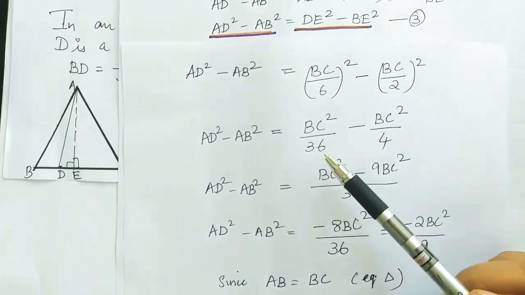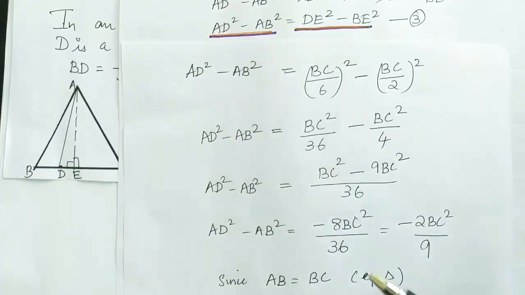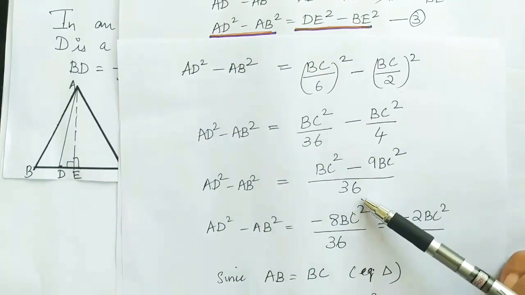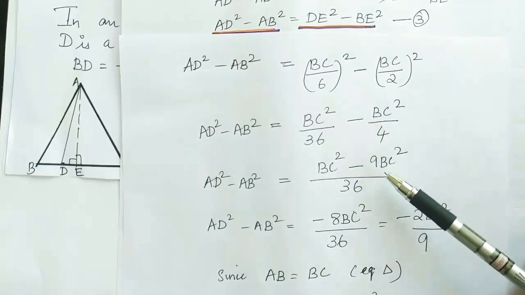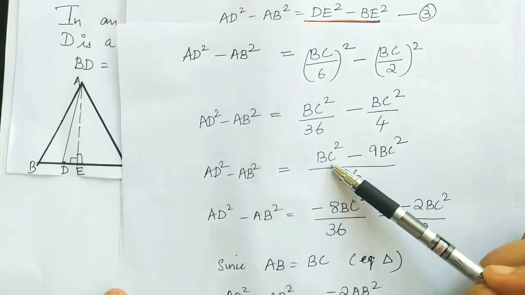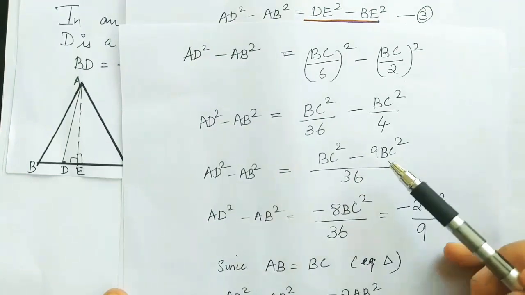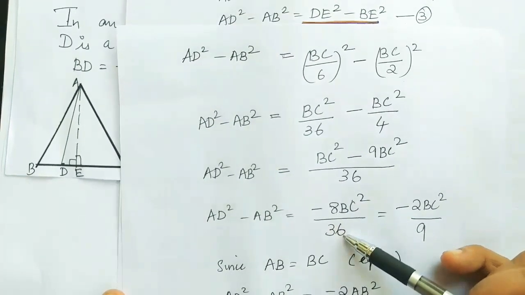Since 4 is a factor of 36, 36 will be the LCM here. After taking the LCM, we get BC square minus 9 BC square, so 1 BC square minus 9 BC square is equal to negative 8 BC square by 36.